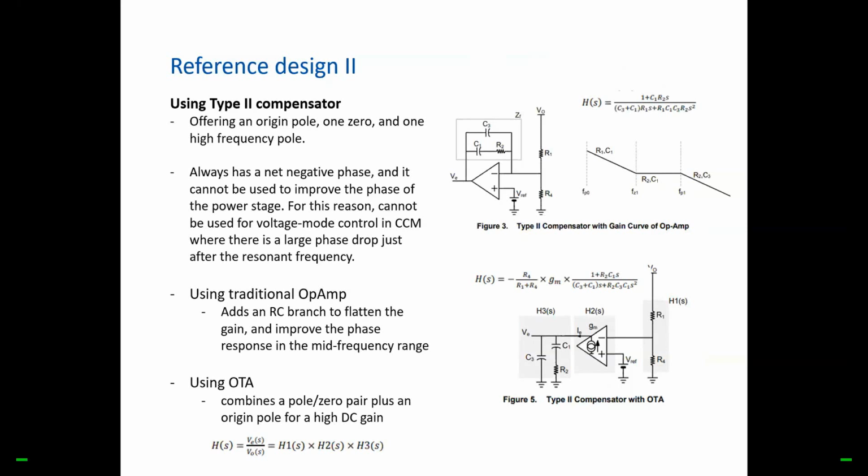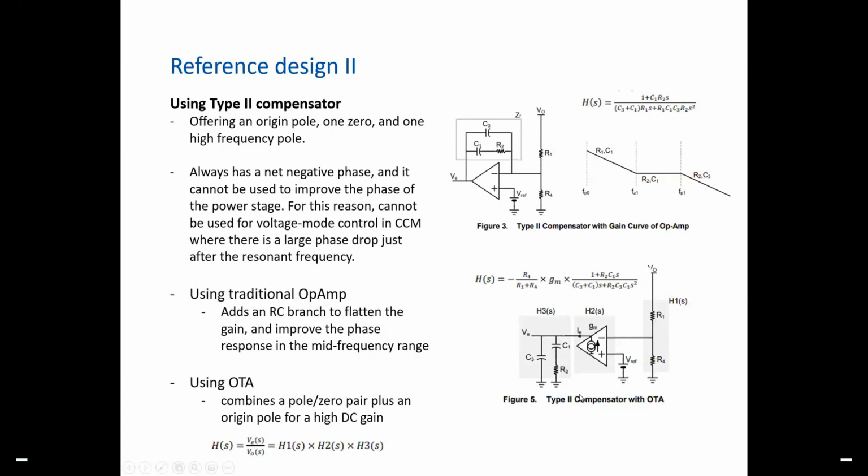With the type 2 compensator, there's always a negative phase, so it cannot be used to improve the phase of the power stage. For this reason, we cannot use it for voltage mode control in continuous conduction mode, where there is a large phase drop just after the resonant frequency.